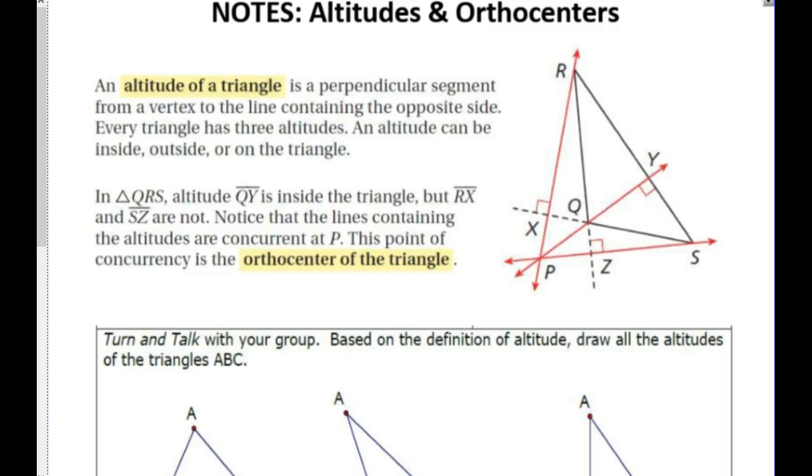Okay, we're talking about altitudes and orthocenters. So, how many of y'all have ever been at a high altitude? Where were you? Escalator? Oh, the Scream? The Scream is a high altitude. Okay.